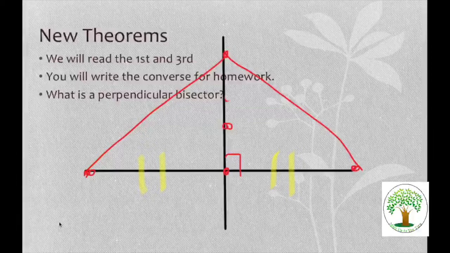Make sure you mark it as such. Any point on that perpendicular bisector will be equidistant from the sides. That way, when you put it inside of your postulate book, you'll have a picture to refer to.